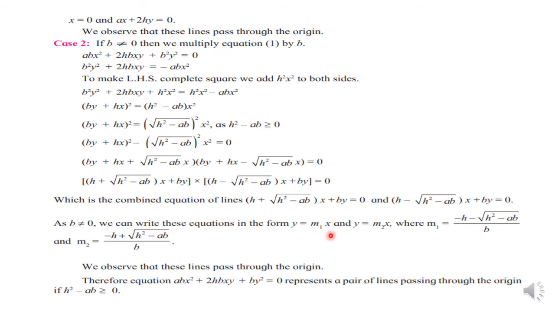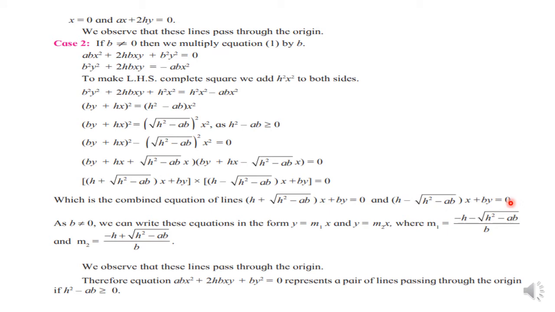So we can write these equations in this particular form that they have given, that is y is equal to m1x and y is equal to m2x, where m1 becomes the first bracket. See, the first bracket m1x is taken on the other side, and x is taken on the RHS. So we get minus h minus root of h square minus ab, that becomes m1.